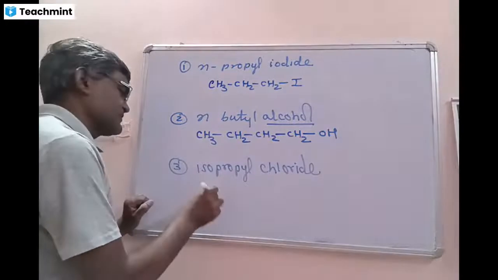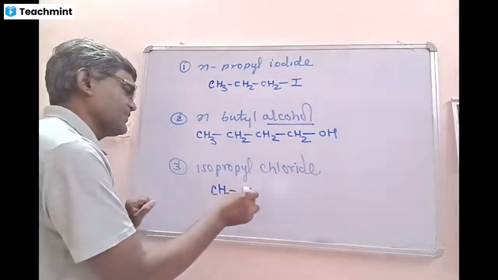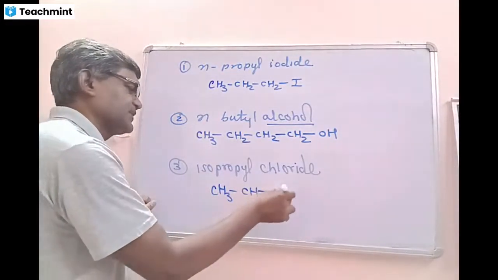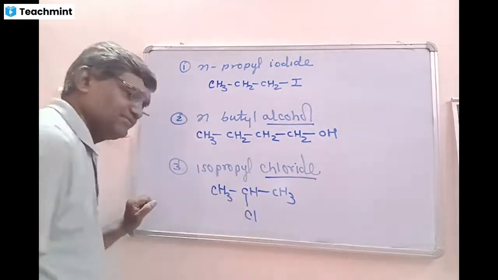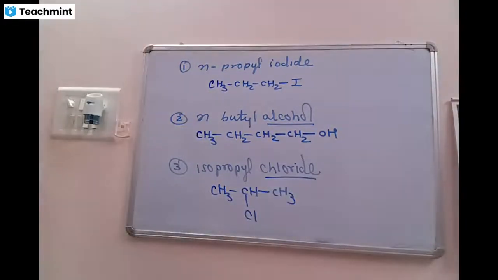Okay. Then for isopropyl, I will write first of all isopropyl like this. Then there is the chloride, so I will write Cl. Yes, all the three are correct. All the three are okay.